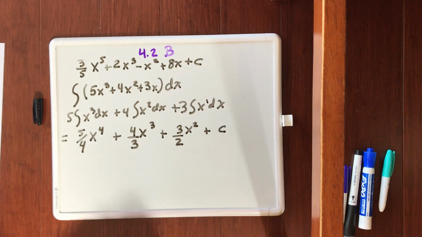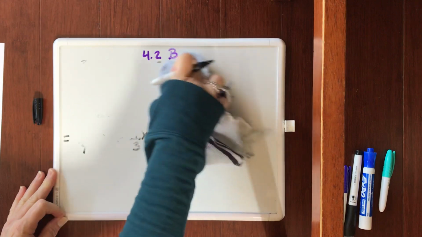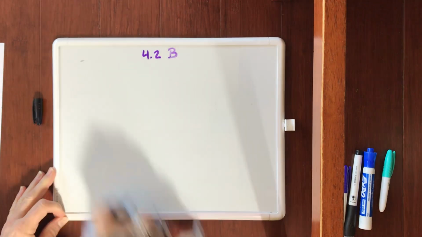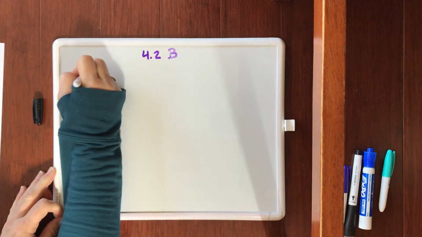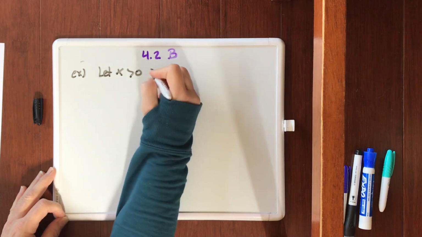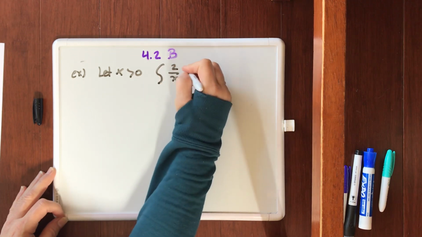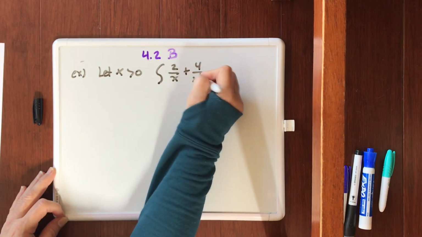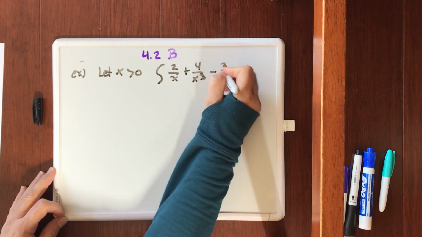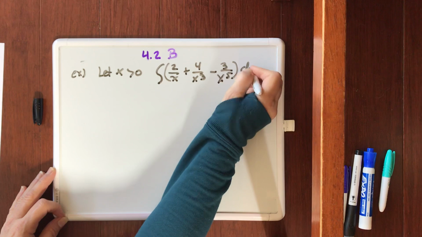Okay, let's do another example. Okay, we're going to let x be greater than 0. And we're going to integrate 2 over x plus 4 over x cubed minus 3 over x to the 5th, all of that dx.